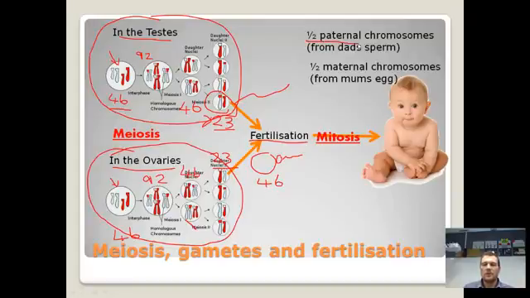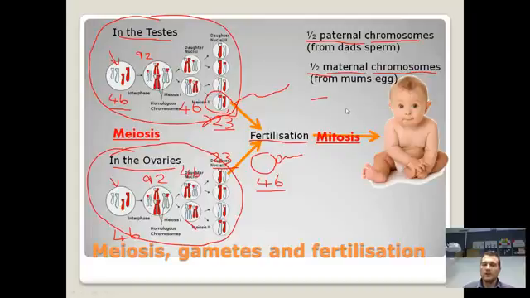Half of which are paternal, which means that they're chromosomes inherited from dad, and half of which are maternal, for mum. So half the chromosomes come from mum. And that gives us our full complement of 46 chromosomes, or 23 pairs again.